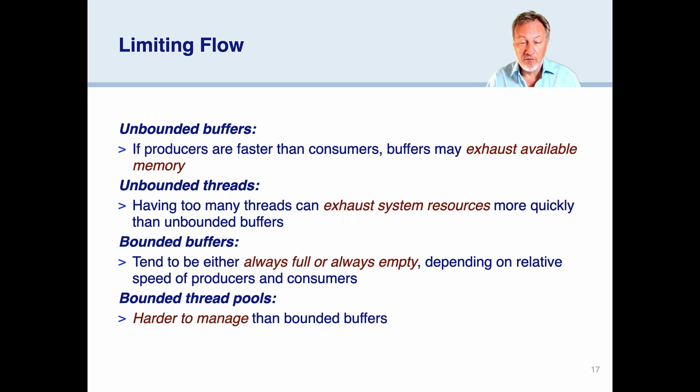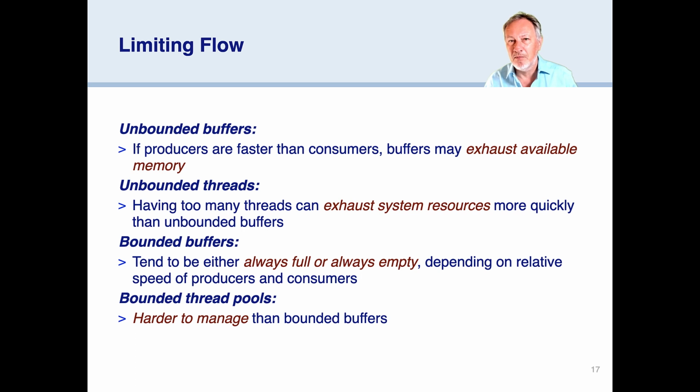Bounded buffers, of course, are an alternative to unbounded buffers, as we've seen in Unix pipes and filters. But the curious thing is they tend to always be either full or empty. So if a producer is faster than the consumer, then the buffer is always going to be full, and every time it gets emptied a little bit, the producer will produce some more. Or if the consumer is faster, then it's going to always be empty.